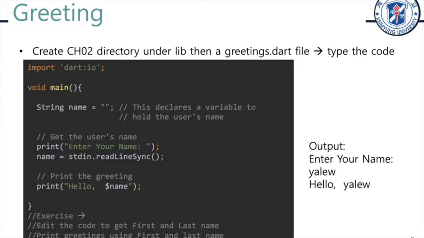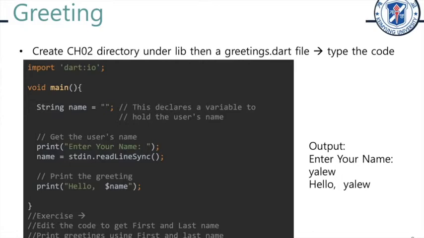In this case, you declare a variable name, and this variable holds a string, a name, of anyone who is using this program. If John is using this program, then it will hold John's name. If Patrick is using it, then this variable will hold Patrick's name.